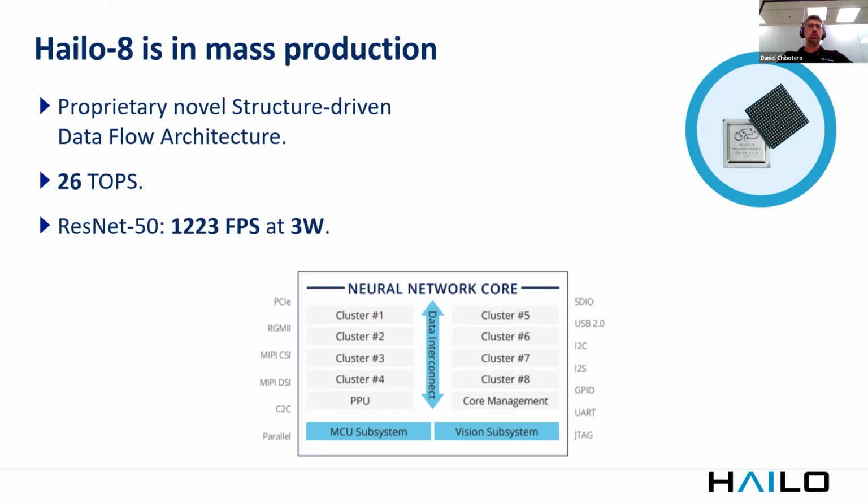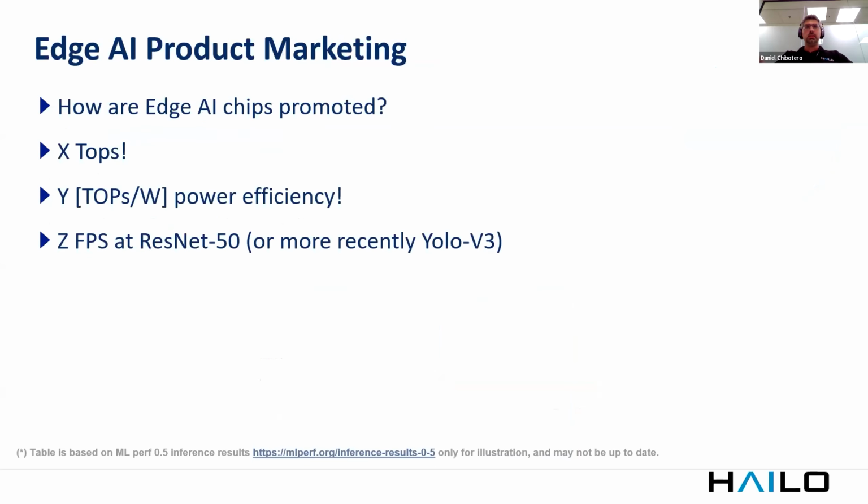It has 26 TOPS, and it is able to process 1,223 FPS of ResNet 50 at 3 watts. In addition to our neural network core, it also has a vision subsystem and MCU subsystem, and multiple interfaces allowing realization of different system architectures and configurations.